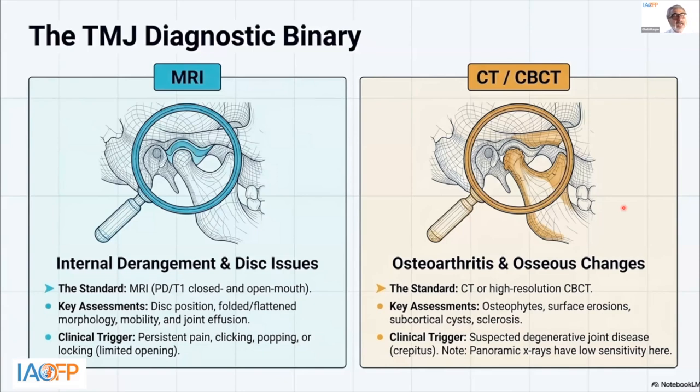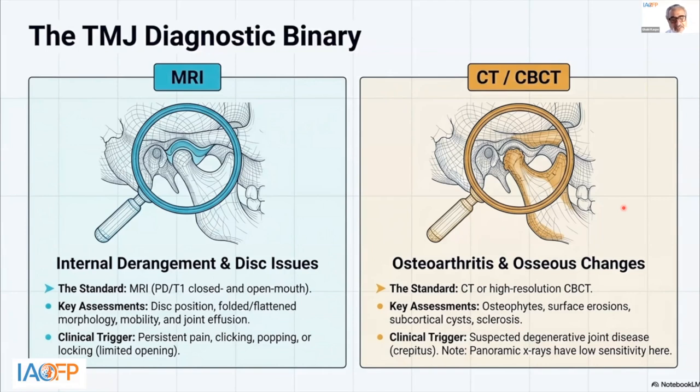In my practice, I usually don't do MRI of the TM joints often. I do MRI of the TM joints when my treatment fails, or when I'm looking at a surgical approach for these patients. So again, we have to evaluate if an MRI or CT scan is needed for our patients. For hard tissue, CT or CBCT are highly recommended, especially if you think the bone is more involved.